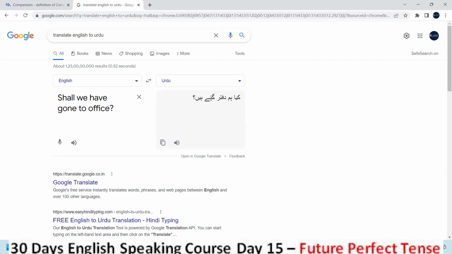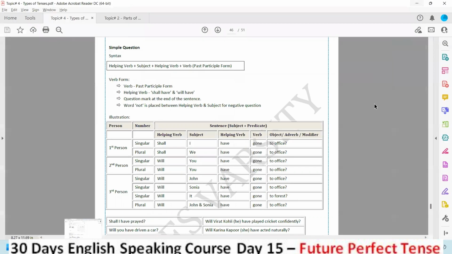Present perfect simple question, but it is actually future perfect. So shall we have gone to office? क्या हम दफ्तर गए होंगे? ठीक है? So that will be the translation.